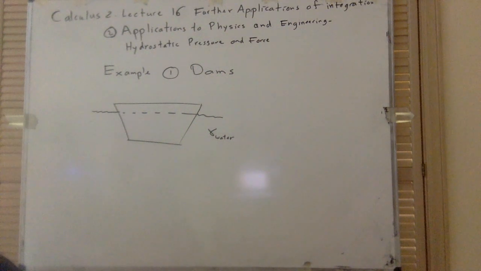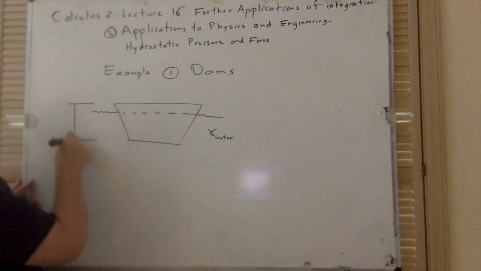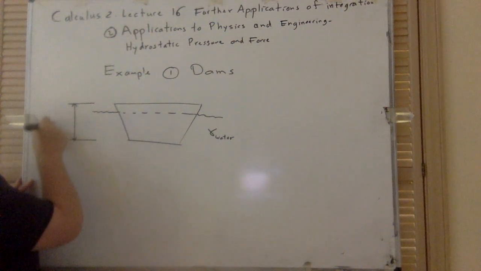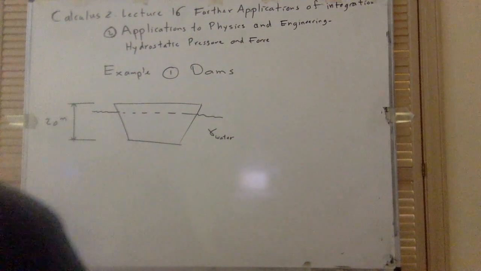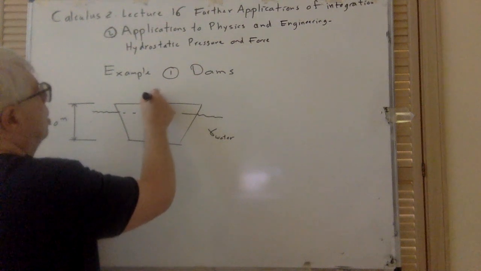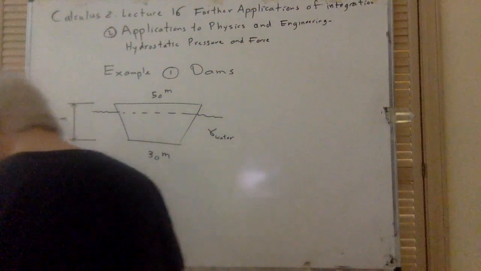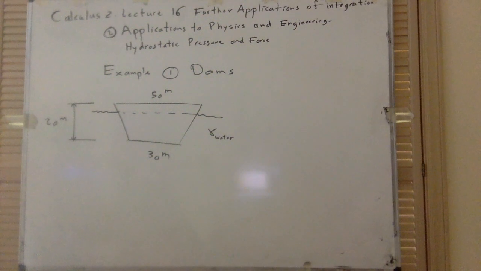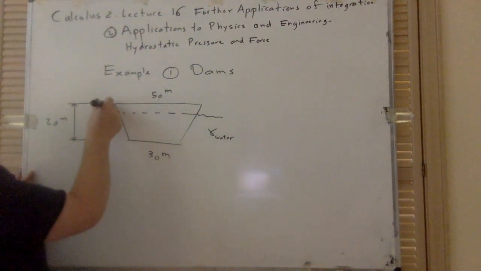It says a dam whose height is 20 meters, in SI units, and then it is 50 on top and 30 here. And what else does it give me? Then we will find the force on the level that is 4 meters from the top.